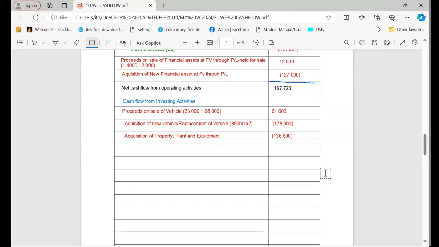For example, if you see property, plant and equipment or vehicle or building, just know that there are possibilities. Either you sell or you buy. When you sell, it is proceeds. When you buy, you acquire. So you must expect things to happen. If they don't happen, no problem.